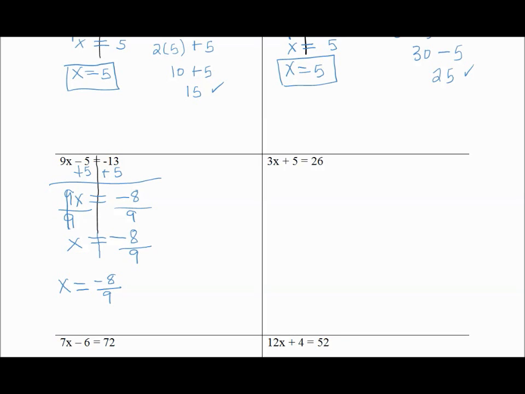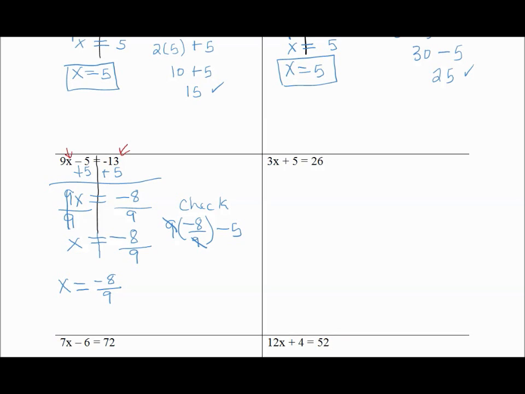So now let's check our answer over here. If negative 8 over 9 is the correct solution, then I should get negative 13 when I make that substitution. I'm going to plug it back in where the x value is. So this becomes 9 times negative 8 over 9 minus 5, which should equal negative 13 if it's the correct answer.